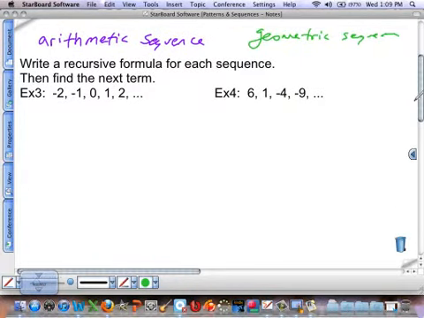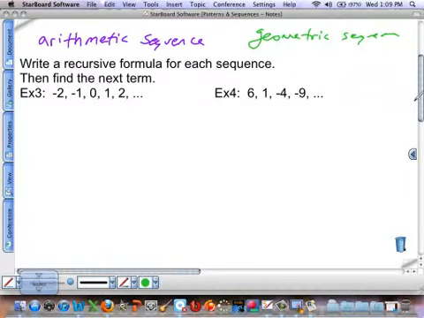Okay, 3 and 4. We have to write a recursive formula. Someone remind me, what is a recursive formula? What do you do? Alexis? Yeah, we have to look at the next term and represent it based on the previous. All right, so on number 3, what's happening?